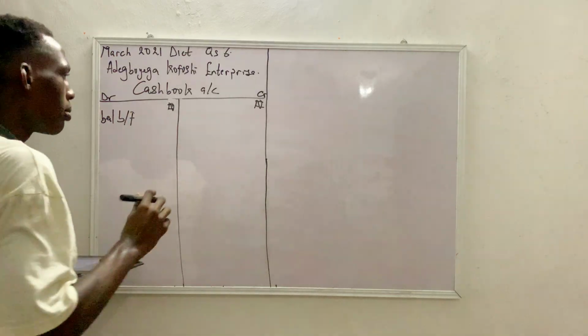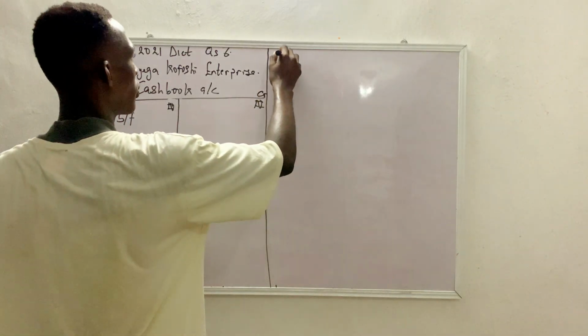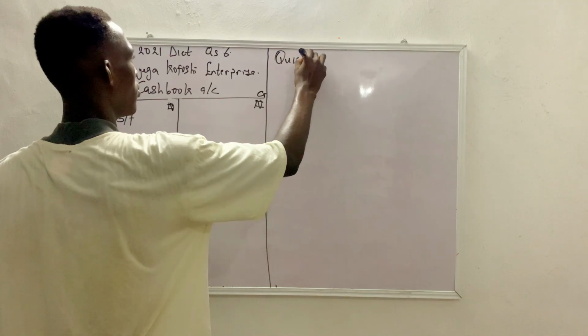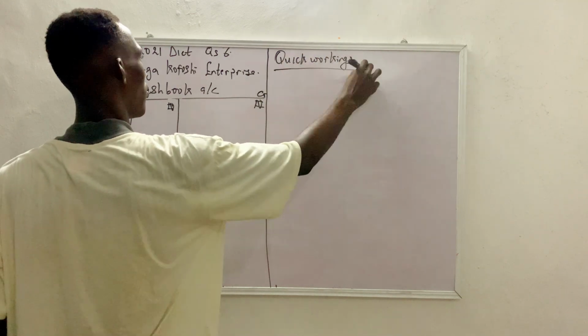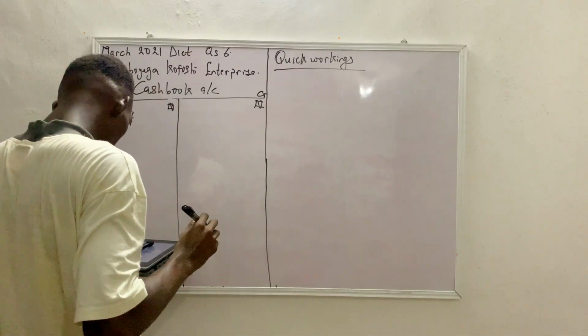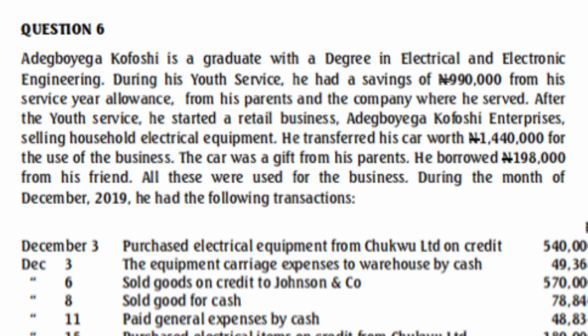let's do a quick workings. Our balance brought forward will be the sum of 990,000, that is the savings, plus the worth of his car, because he transferred his car worth 1.44 million for the use of the business.